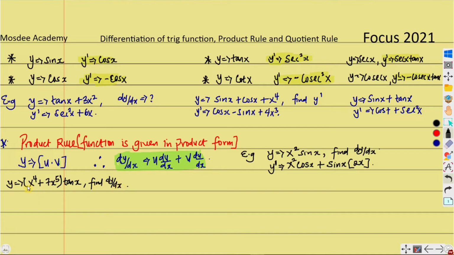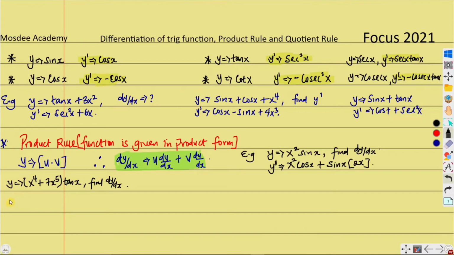As we've already studied, whenever we have a function expressed in product form, as you can see, the algebraic function is x raised to the power 4 plus 7x raised to the power 5. tan x is a trigonometric function and they are expressed in product. We apply the product rule, to make sure we get the answer directly.